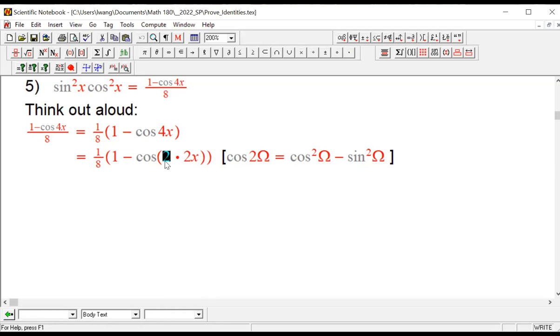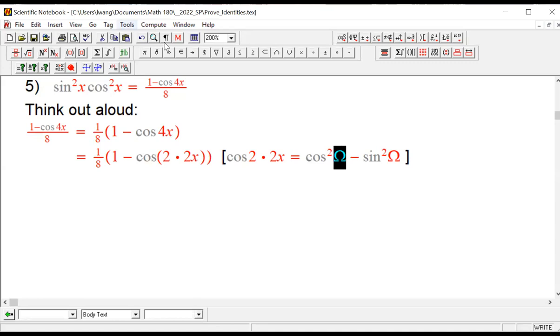You can see cosine 2 times omega. Do you see that? So this is the double angle formula for cosine. So I see 4x as 2 times 2x. So my omega is 2x, okay?